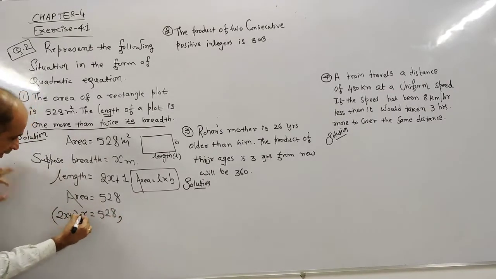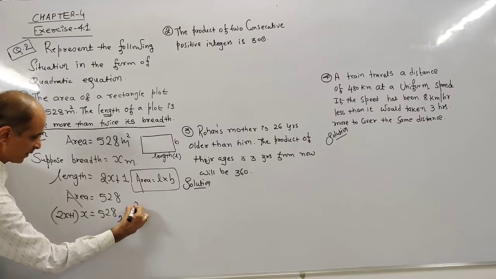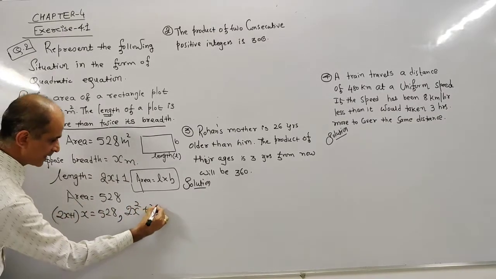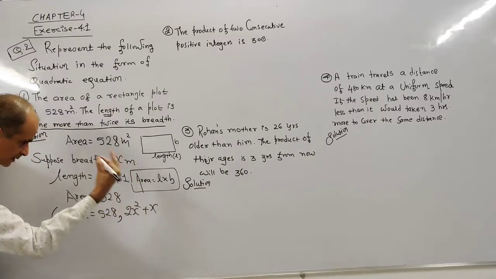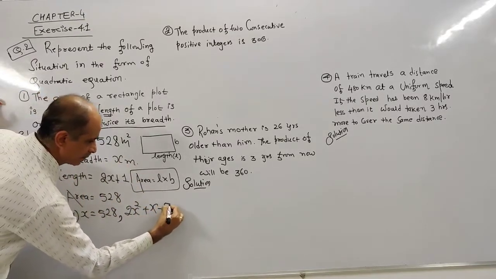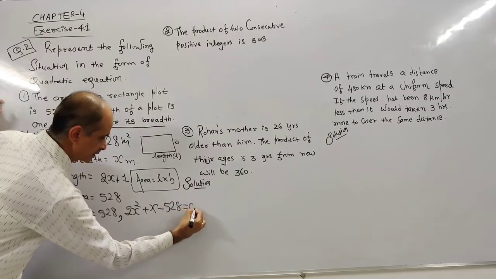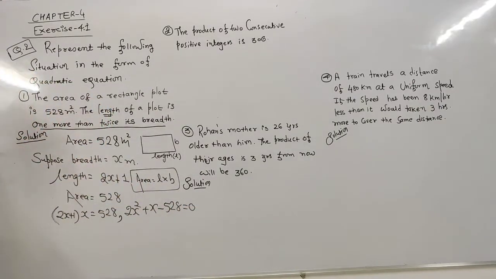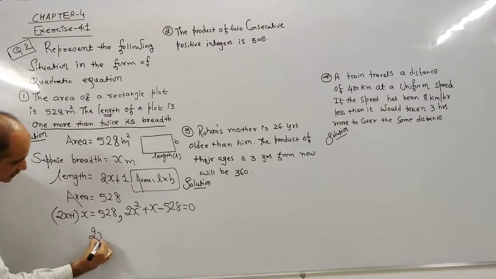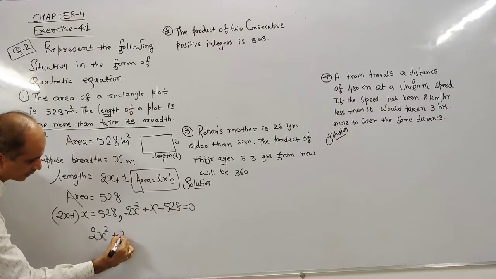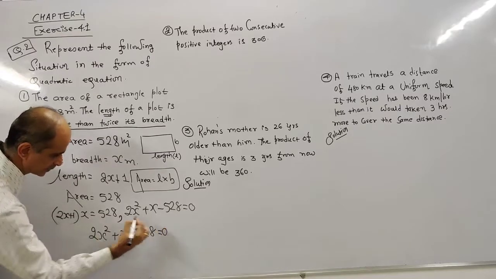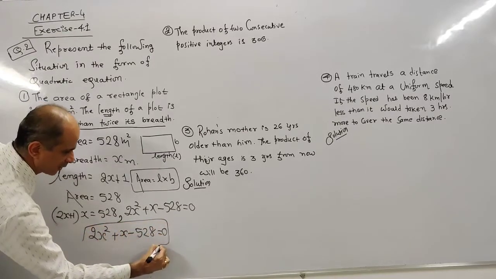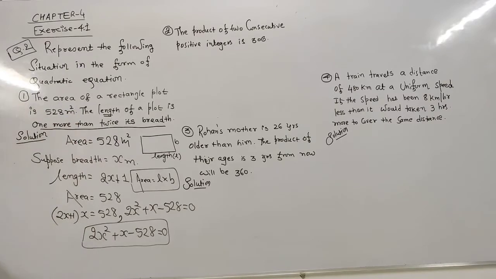So we can write 2x square plus x. If you take 528 from the right hand side to the left hand side, it becomes minus 528 is equal to 0. So this is your final answer: 2x square plus x minus 528 is equal to 0. This is your quadratic equation.